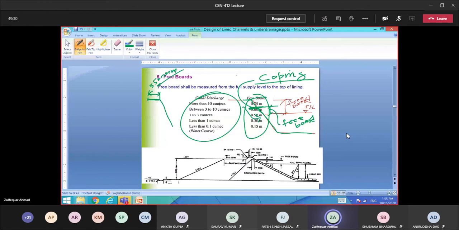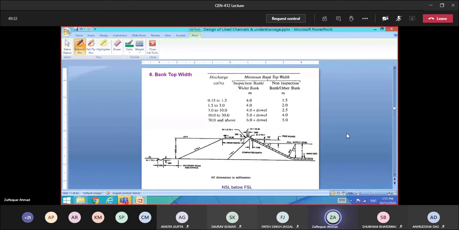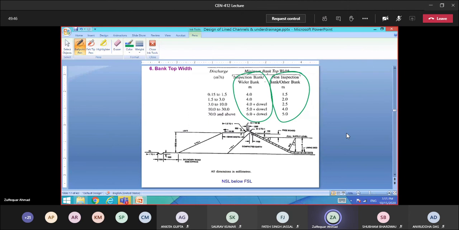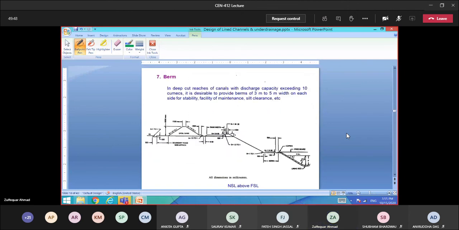And what is the bank top width? Like in the case of the unlined canal, here also for the inspection road, what would be the bank width, and for the non-inspection bank, what would be the bank width? Then the berm, here also, if you have a deep cutting, the berms are being provided. In general, 3 to 5 meter berms are being provided.